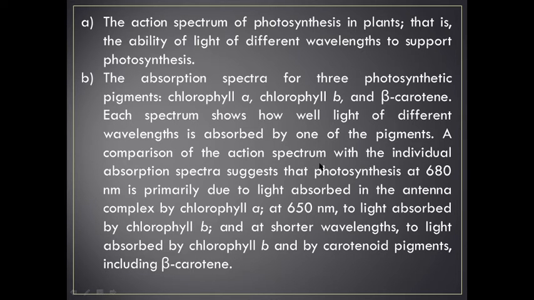A comparison of action spectrum with the individual absorption spectra suggests that photosynthesis at 680 nanometer is primarily due to light absorbed in the antenna complex by chlorophyll A, at 650 nanometer to light absorbed by chlorophyll B, and at shorter wavelength to light absorbed by chlorophyll B and by carotenoid pigments including beta carotene.